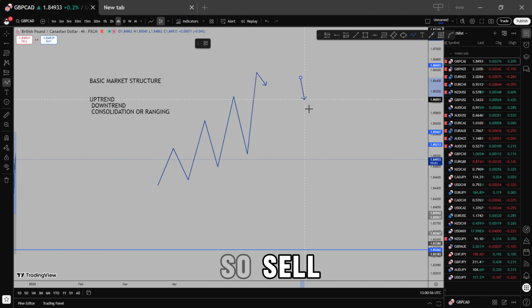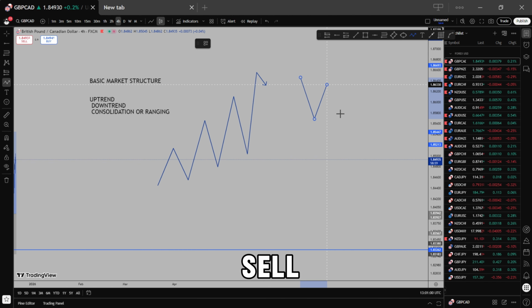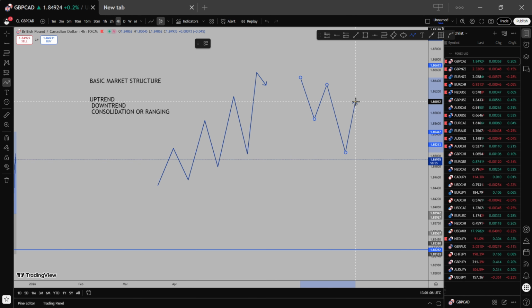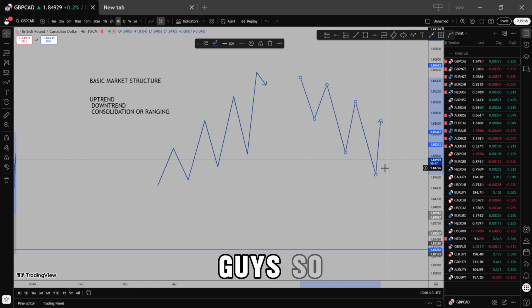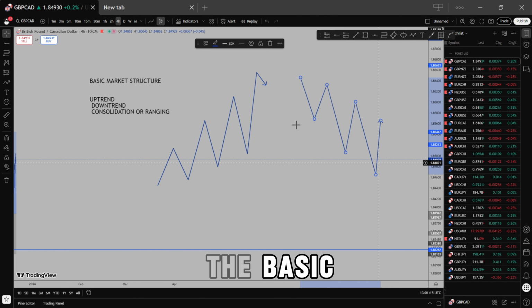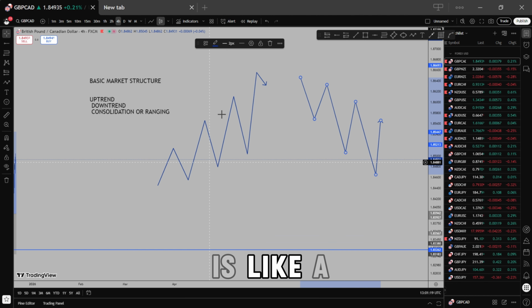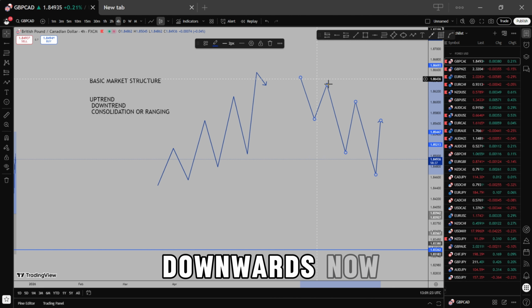So sell, retrace, sell, retrace, sell, retrace, and so on and so forth. That's the way it continues, guys. So you can see the basic difference between both of them. The bullish is like a staircase upwards, and then the bearish is like a staircase downwards.